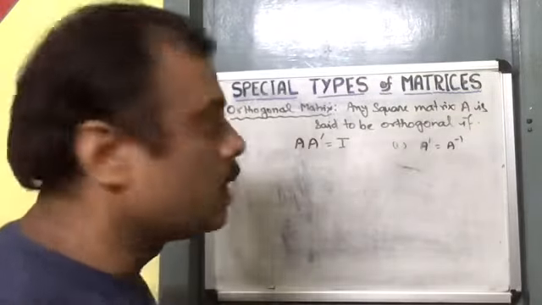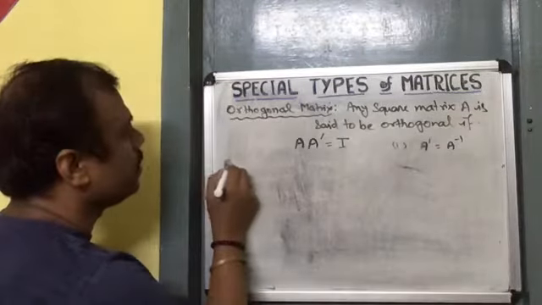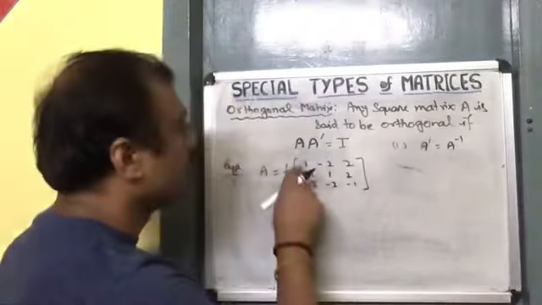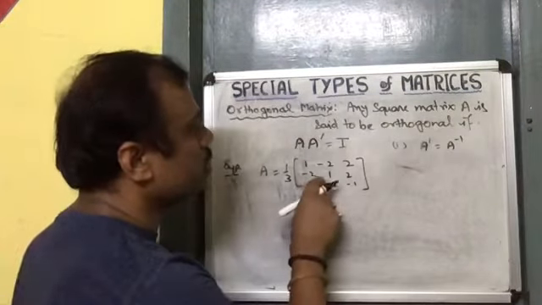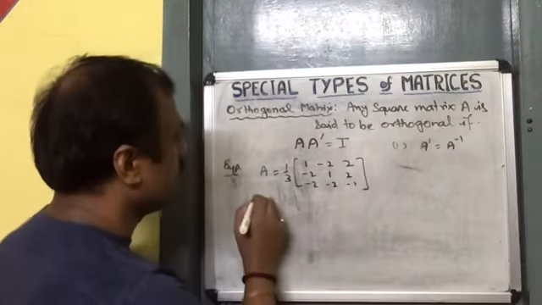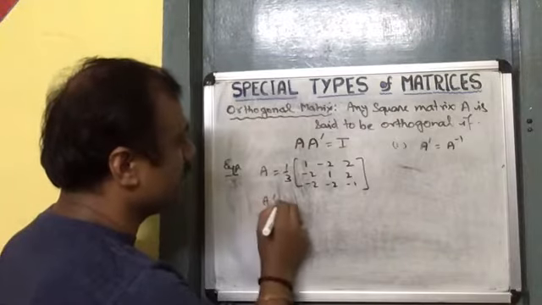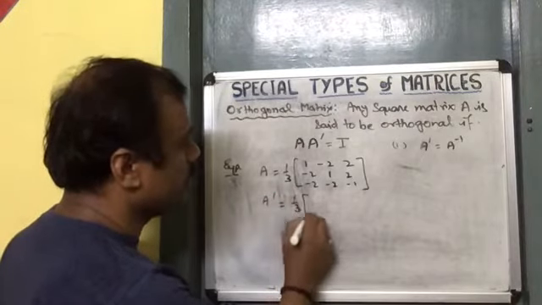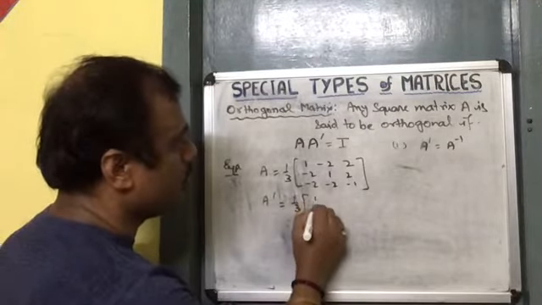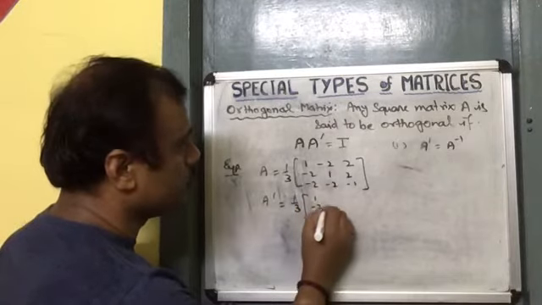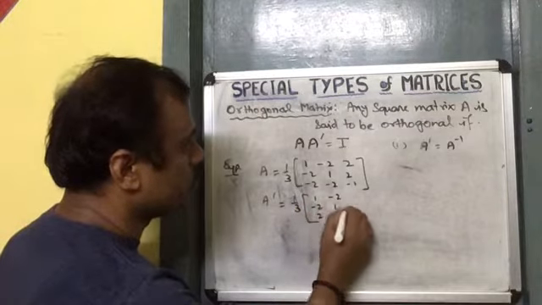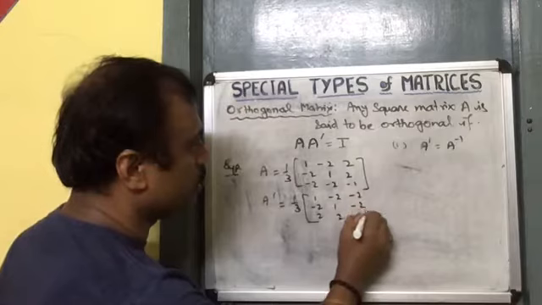Okay, let us discuss some example. A equals 1 by 3 times 1 minus 2 2, minus 2 1 2, and 2 2 1.